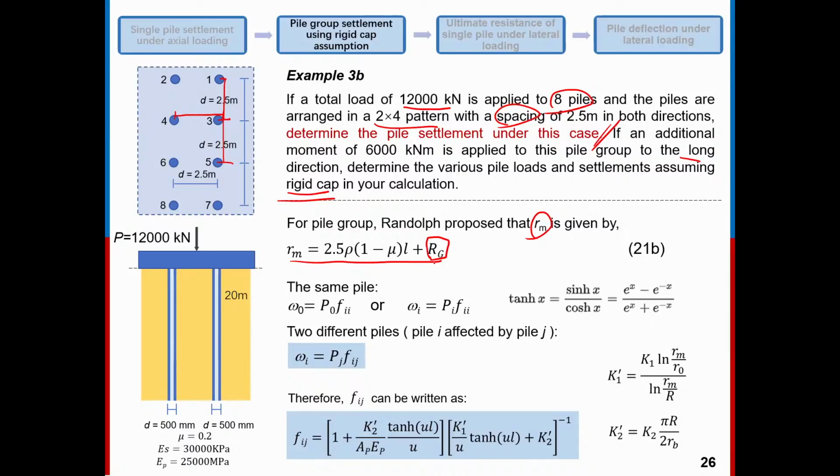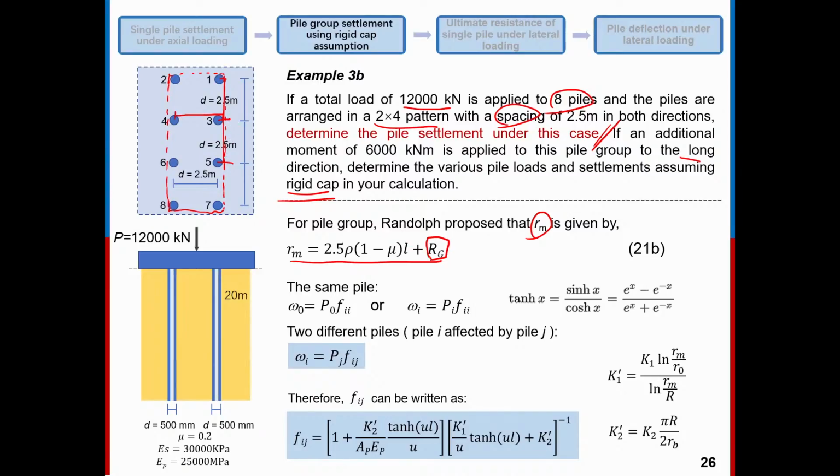The area of the equivalent circle is equal to the circumferential area of these 8 piles. The area of these 8 piles is in this red dashed rectangle, rather than the rigid cap, rather than the blue dashed line rectangle. They are different.